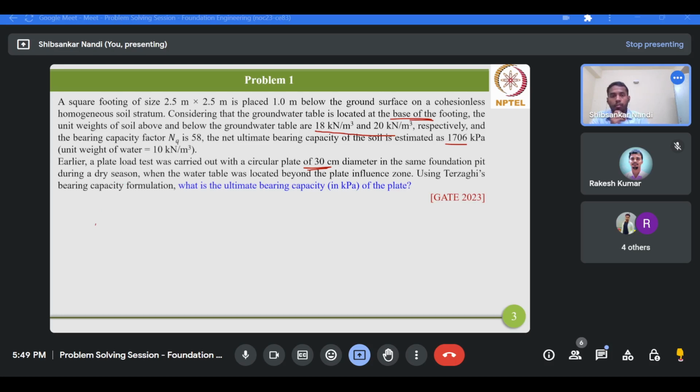So here we have to use Terzaghi's bearing capacity theory.